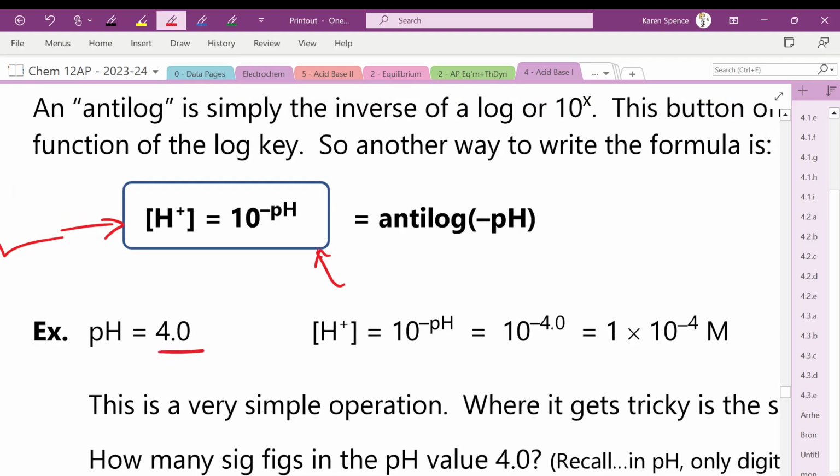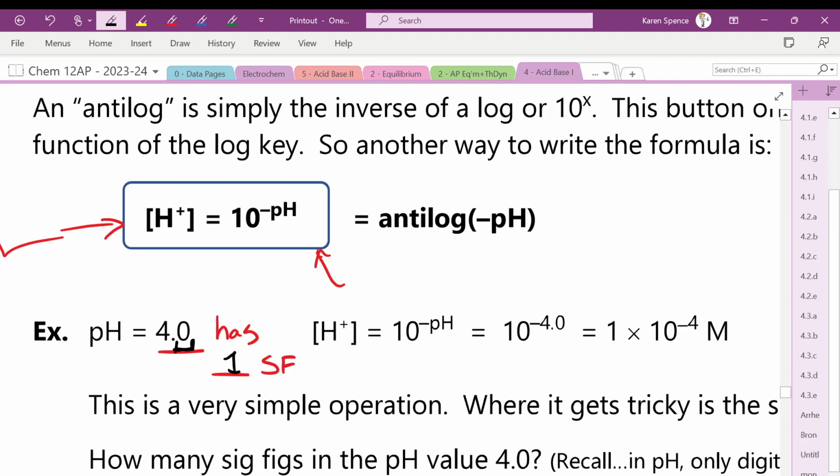4.0. How many sig figs in 4.0? 1 sig fig, right? Because sig figs are only after the decimal in pH. Okay, so it matters going backwards as well.